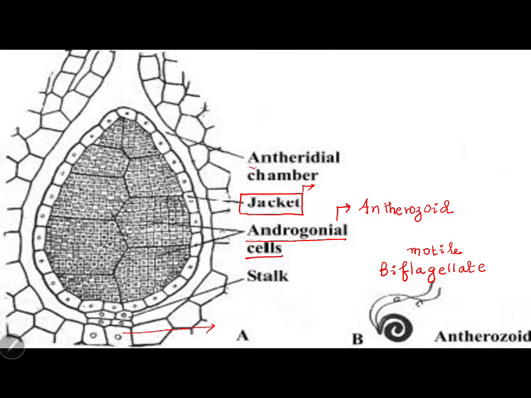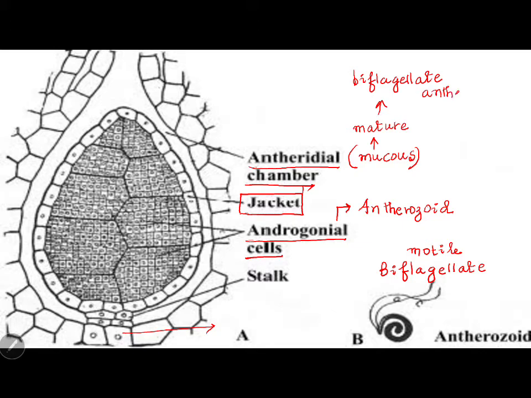Then you have something called the antheridial chamber. In the antheridial chamber, I will have mucus. In the presence of mucus only, the antherozoites will mature. They mature to biflagellate antherozoites.